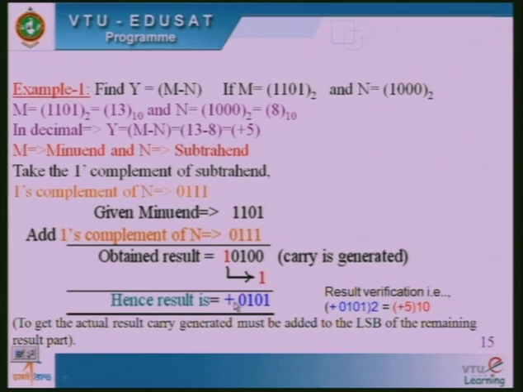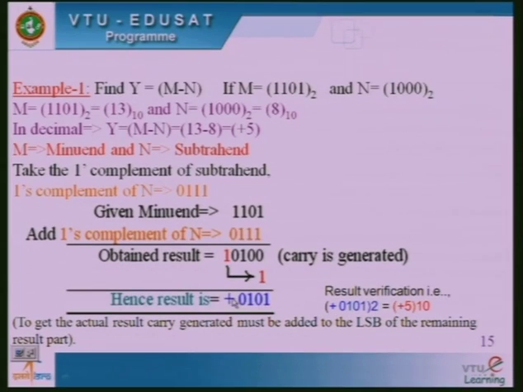Then we add the positive sign with this, and we read the result as plus 0 1 0 1, that 0 1 0 1 is equivalent to plus 5 in decimal. Whatever we have seen in the decimal subtraction, the positive value 5, the similar value we get here.